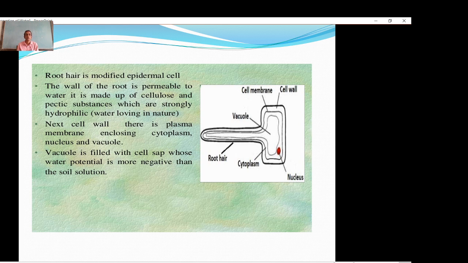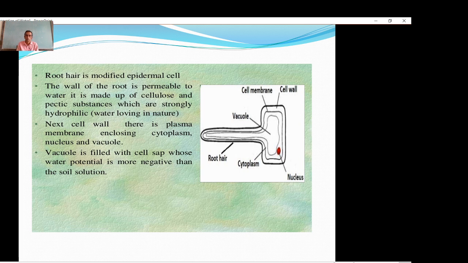The vacuole is filled with cell sap whose water potential is more negative than the soil solution. The role of the vacuole is to hold a large amount of cell sap. It has a negative water potential, meaning a minimum amount of water is present in the vacuole. As we studied in physics, water flows from higher concentration to lower concentration.